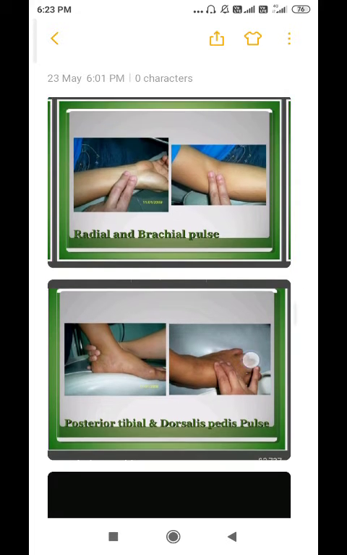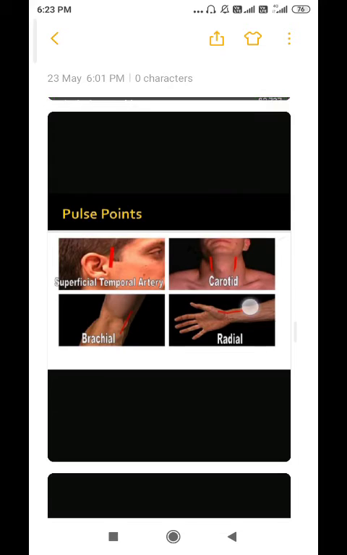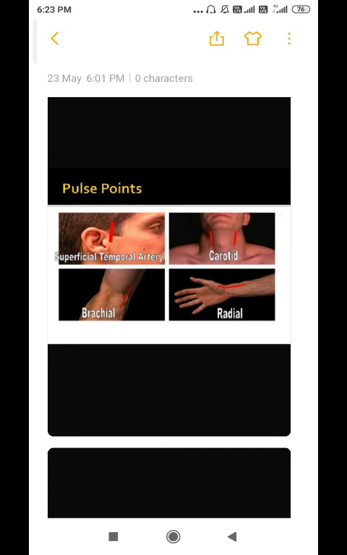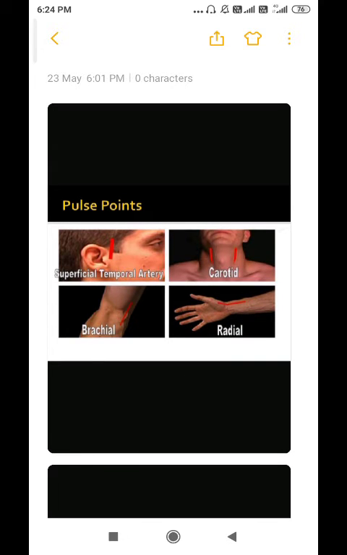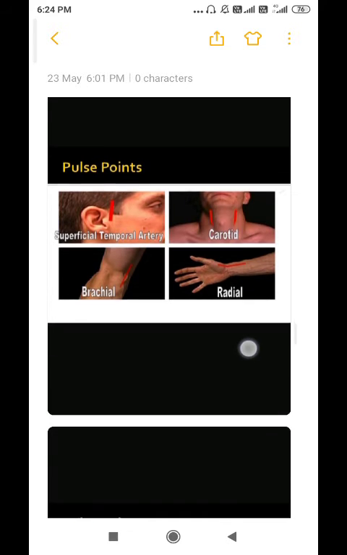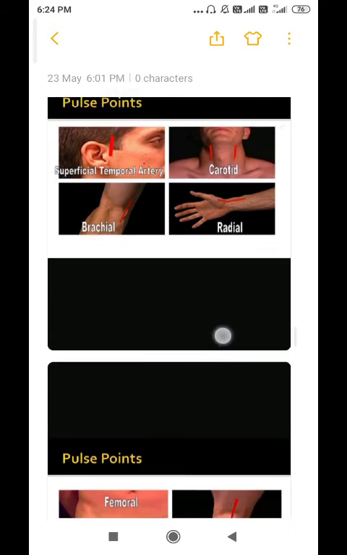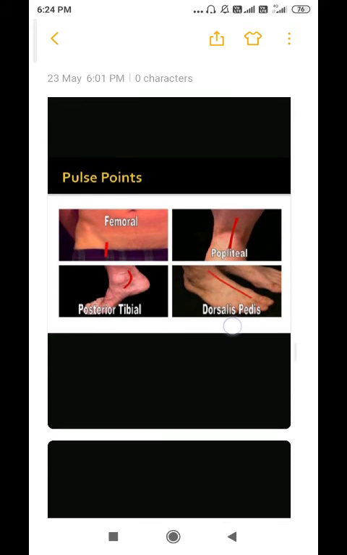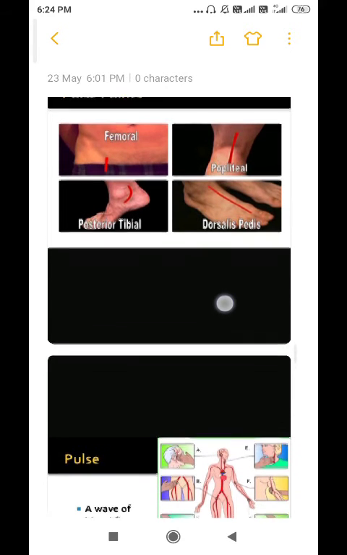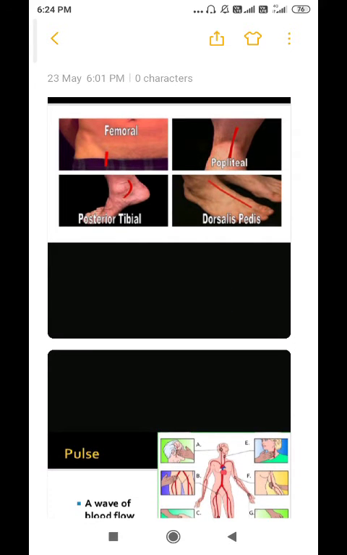So what are the pulse points? You see the pictures. Here the superficial temporal artery is there, and carotid and brachial and radial, and here femoral and popliteal and posterior tibial and dorsalis pedis.